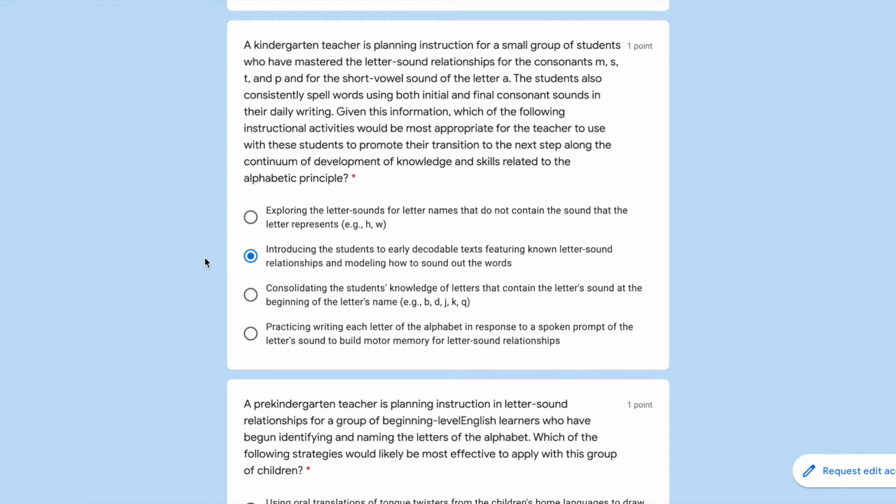And because of this, they understand the encoding and the decoding, so the students are ready to begin reading early decodable texts that feature the letter sound relationships that they know. So this will benefit from experiencing teacher modeling, which will reinforce the understanding of decoding and their entire process of learning the alphabetic principle at the next level, which is what the question is asking.